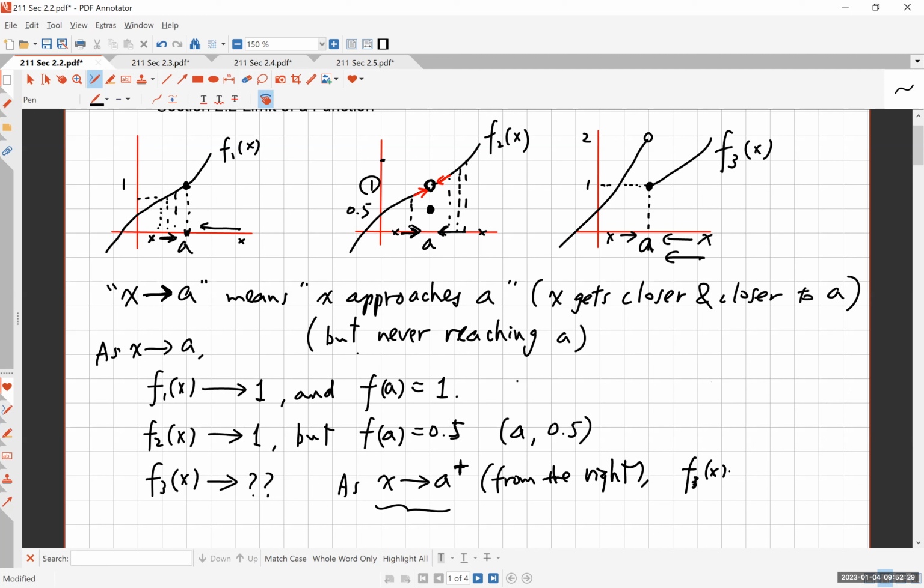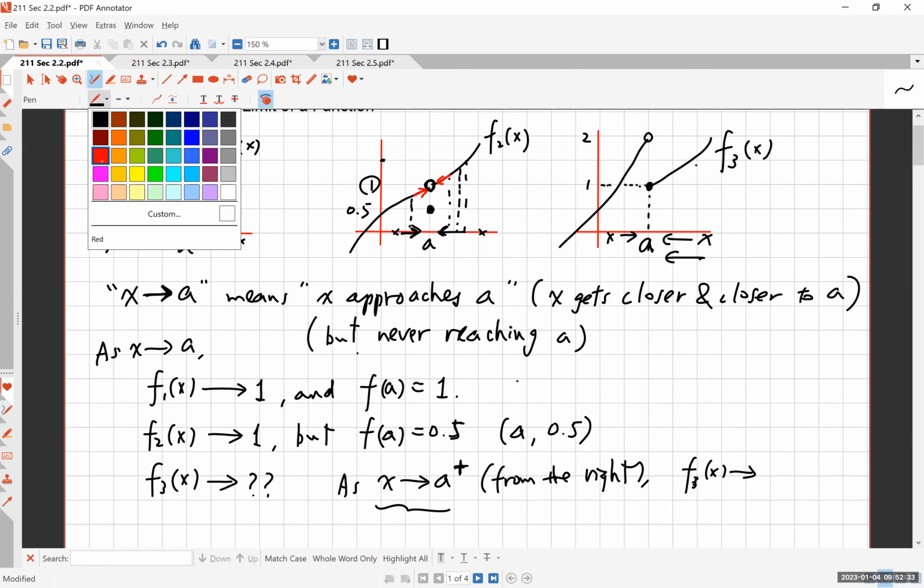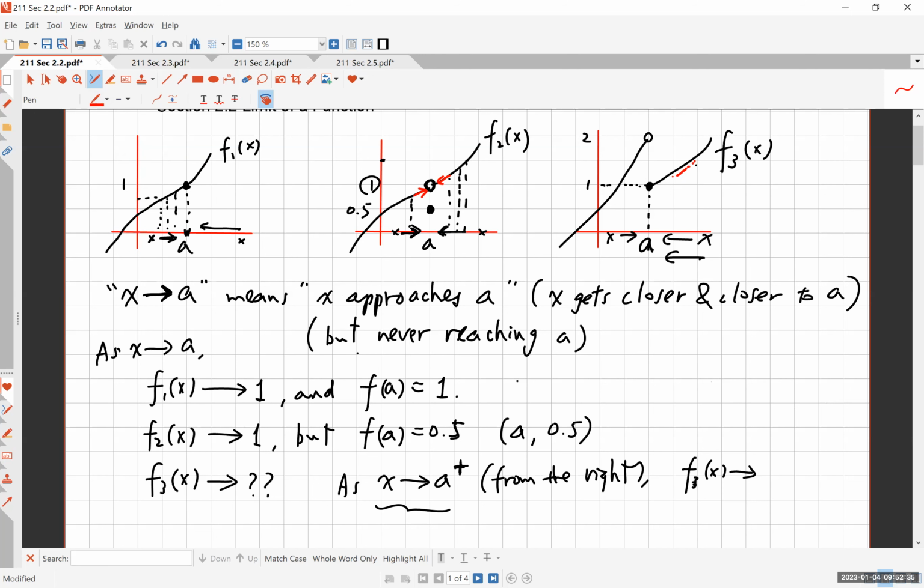From the right, f3 of x approaches, what happens? Well, you're coming down here. It's like 1.5, 1.3. I'm looking at the y values as you come down this hill, and it looks like it's approaching 1, right? But as x approaches a from the negative side, from the left, it looks like f3 is approaching another value.